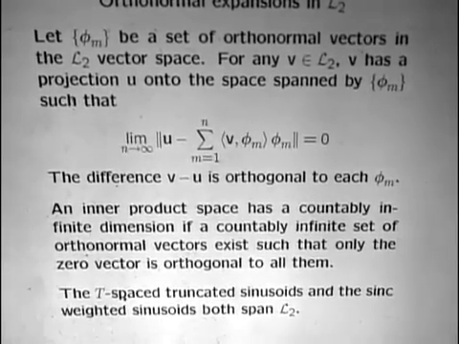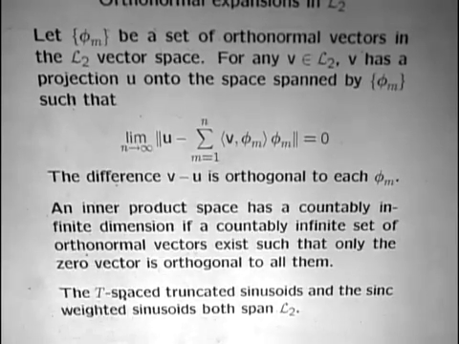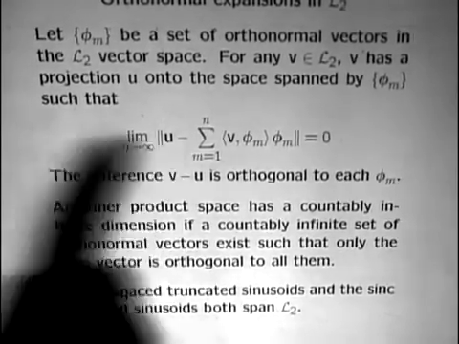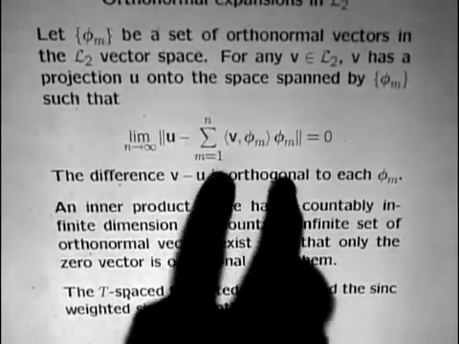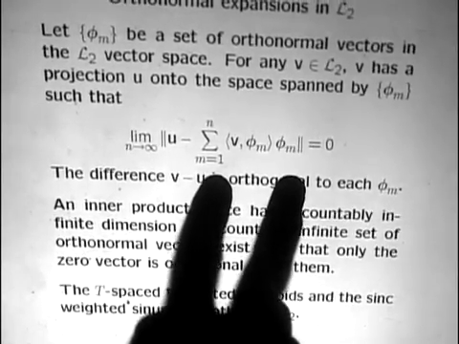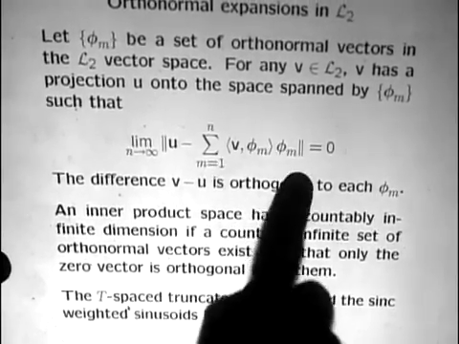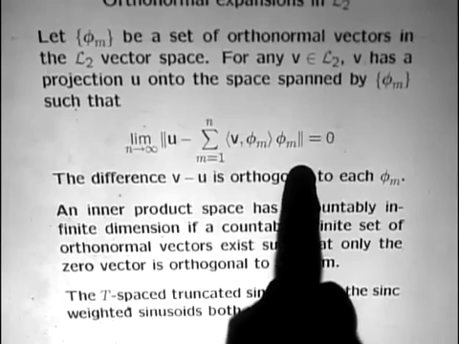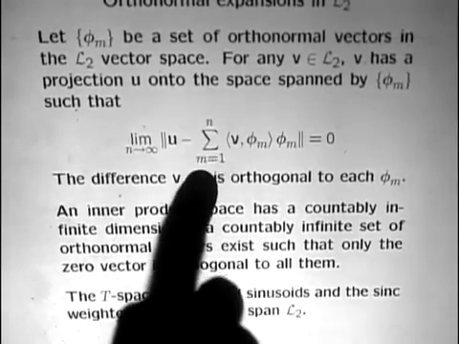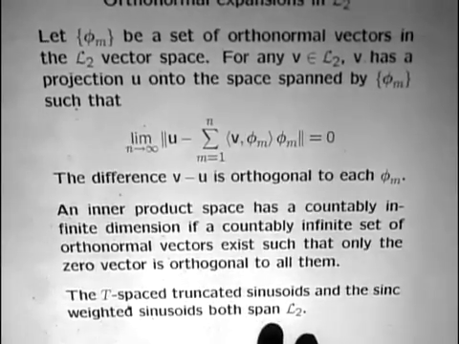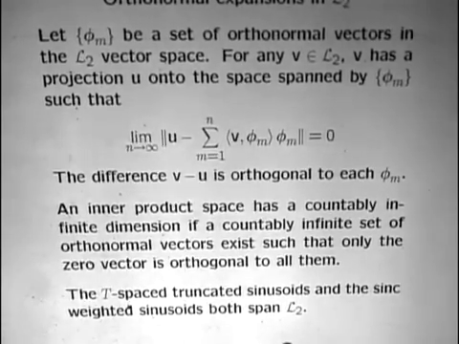And the theorem that we had was that the projection on the whole space, which we call U, is the same as the limit of this sum of orthonormal functions as we take the limit adding more and more functions into this sum.